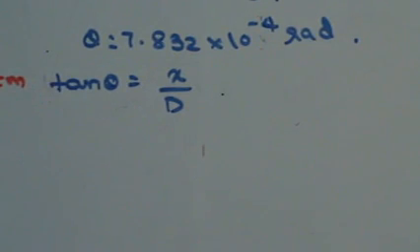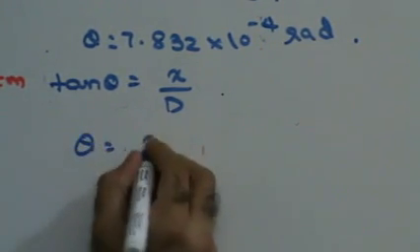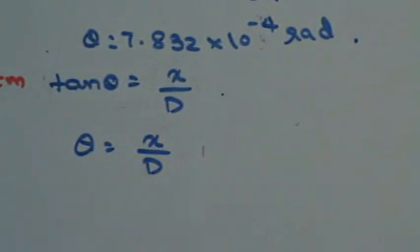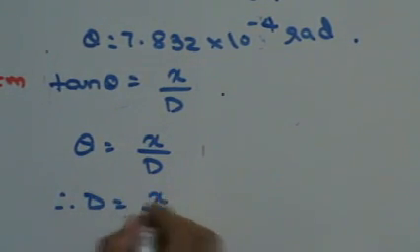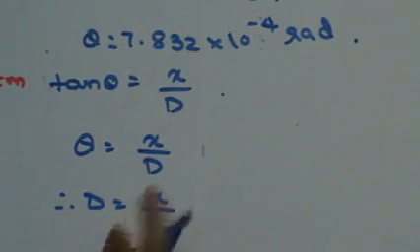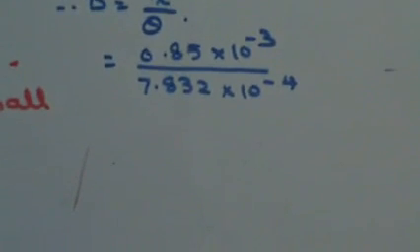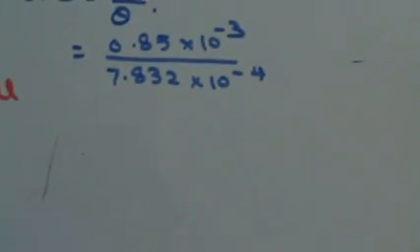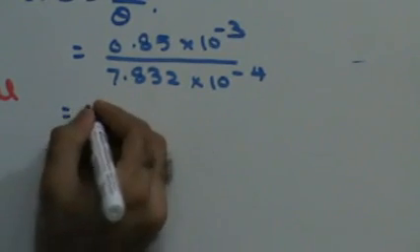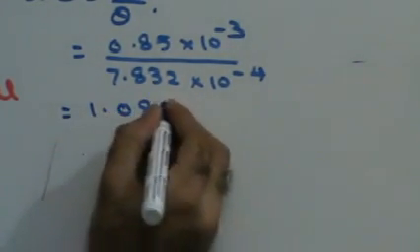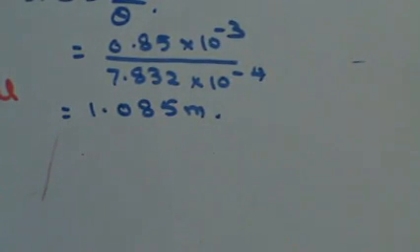Since theta is very small, tan theta is equal to theta. Theta is x upon d. Therefore d is x upon theta. X you have found out as 0.85 into 10 raised to minus 3 upon theta, 7.832 into 10 raised to minus 4, right? When you simplify this, you will get this as 1.085 meters. So the screen has to be at a distance of 1.085 meters, right?